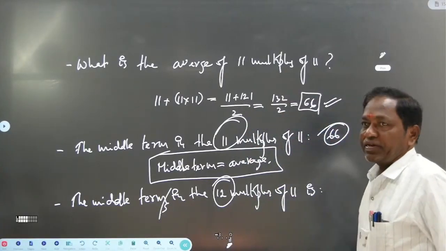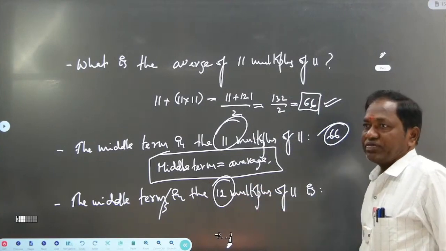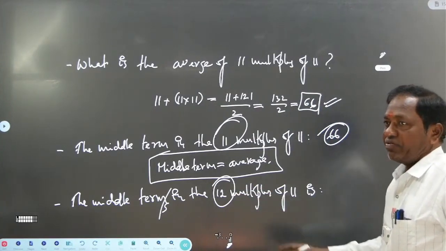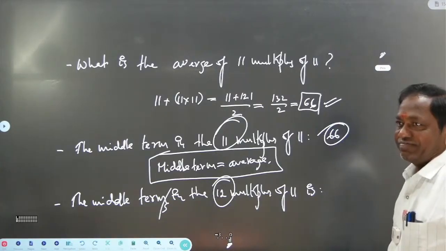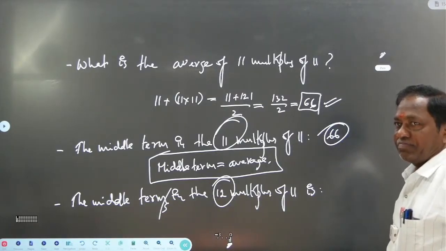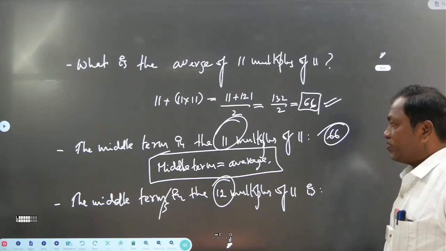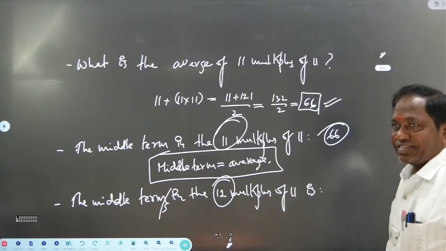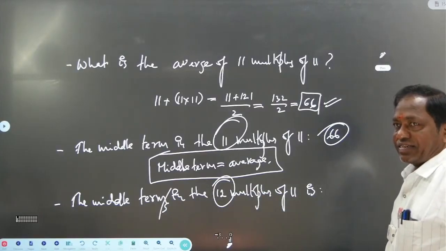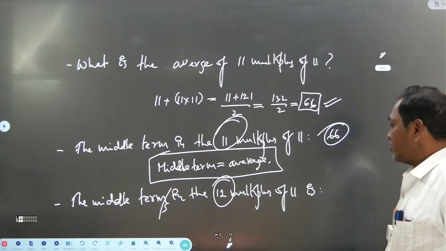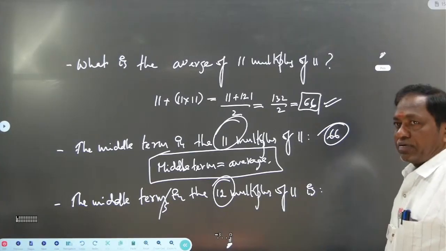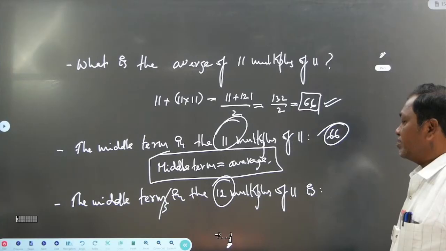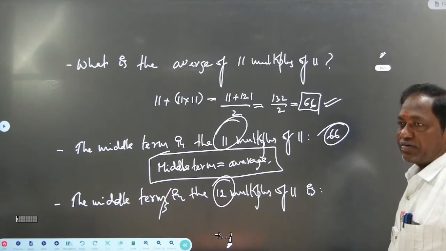Middle term will not happen here. This is an even number of observations, so you would not see a single middle term. Two numbers will come. What are the middle terms?